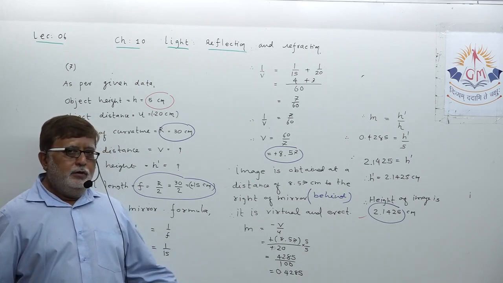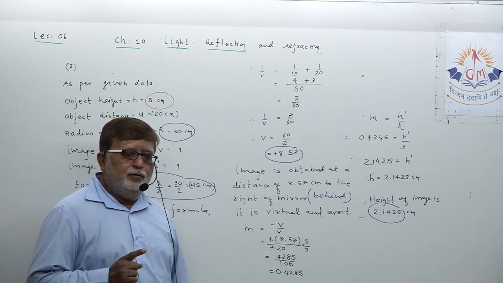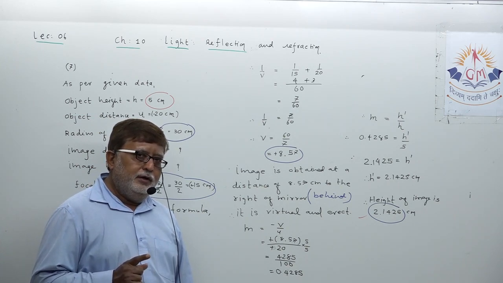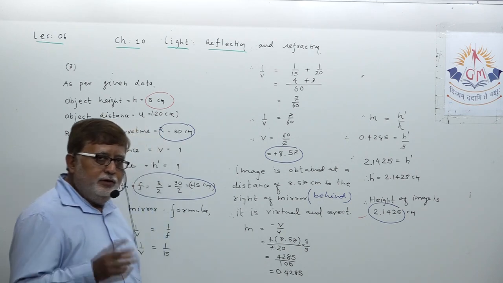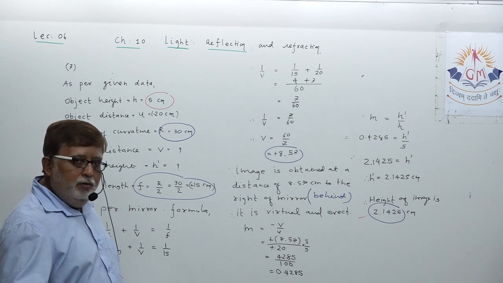Understand? Because convex mirror only forms one type of image, that is virtual, erect and smaller, or virtual, erect and diminished. Understand? One more thing, dear student, one another clue point.